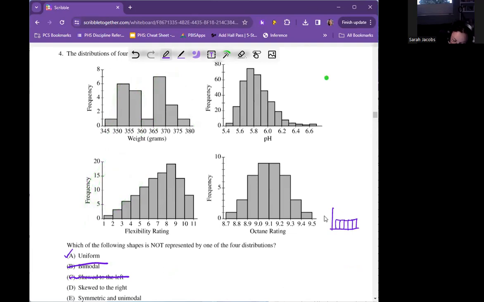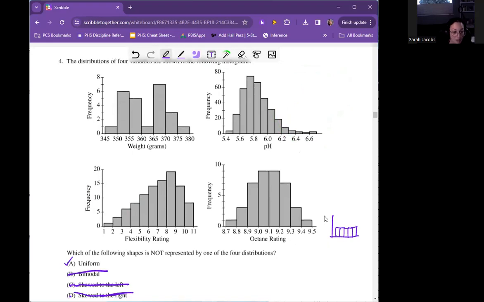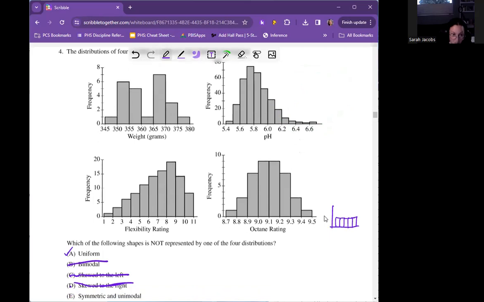Skewed to the right, it's not super skewed, but there is more of a tail on the right side, so that would be skewed to the right. And then last but not least, symmetric and unimodal. This is roughly symmetric and unimodal. It's definitely unimodal. It's roughly the same right and left. So it is represented. Now, our answer is uniform.